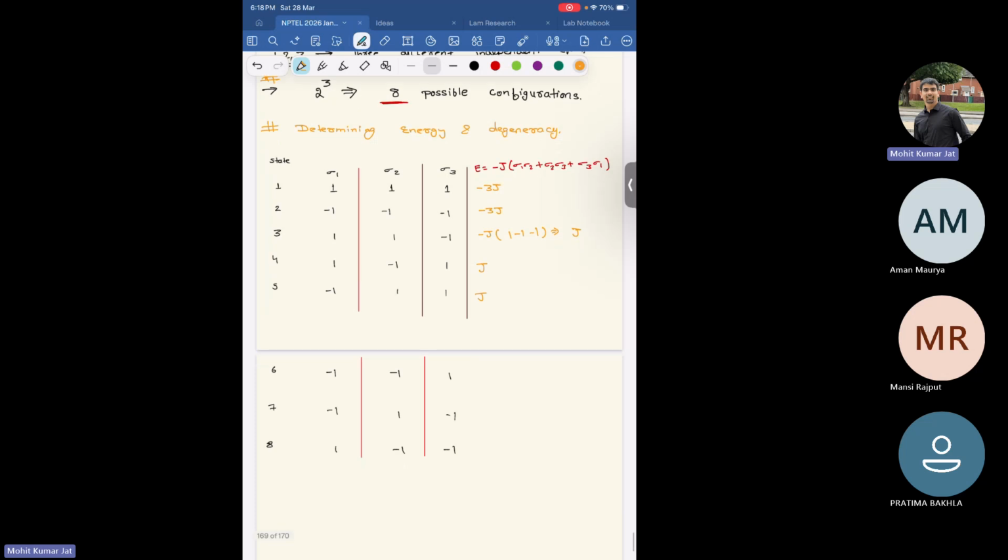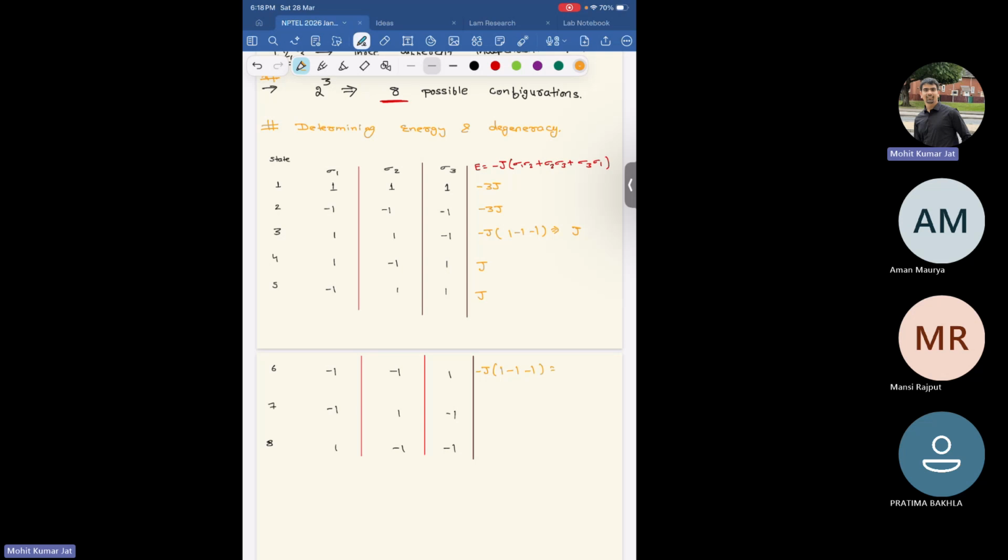For this one, now comes the bottom part. If I compute for this one, it will be minus J times sigma 1 sigma 2, minus 1 times minus 1 will be plus 1, minus 1 times plus 1 will be minus 1, and minus 1 times plus 1 will again be minus 1.